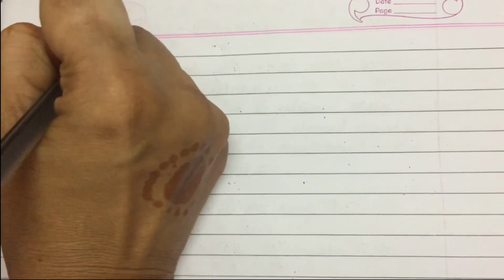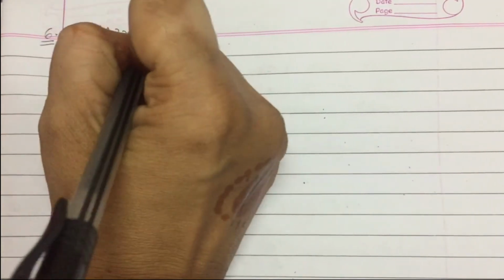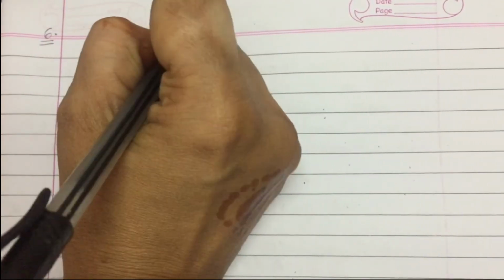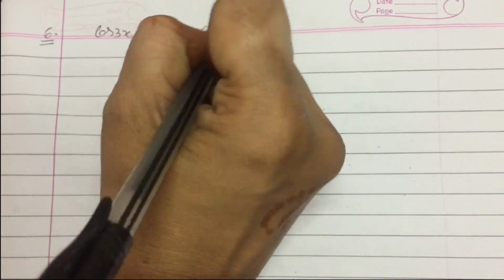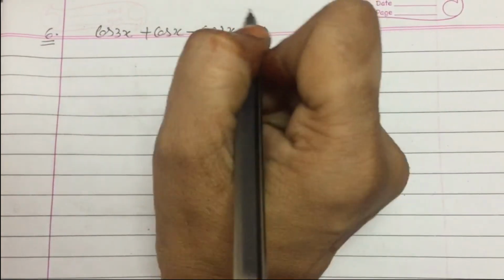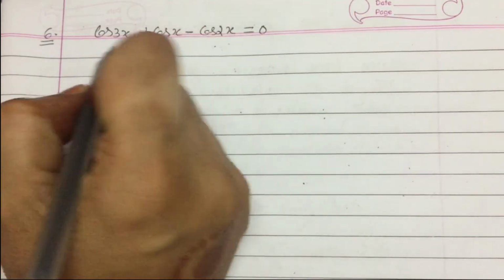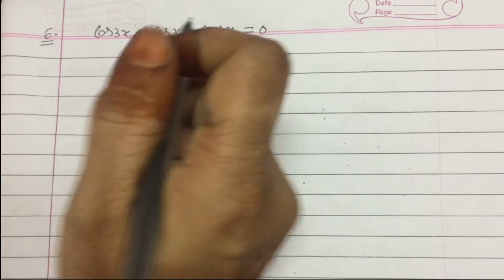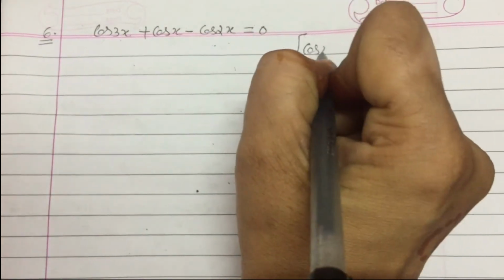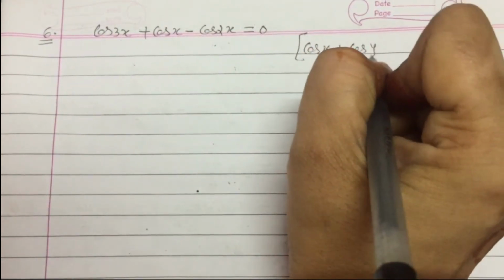It is given that cos 3x plus cos x minus cos 2x is equal to 0. Okay, so first, in the term cos 3x plus cos x, apply the formula for cos x plus cos y.